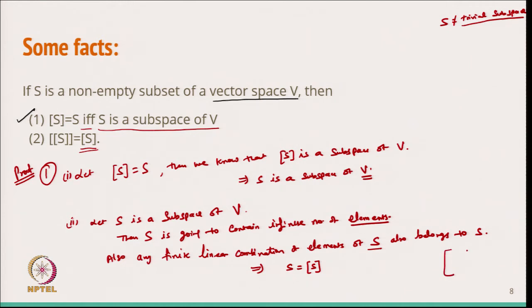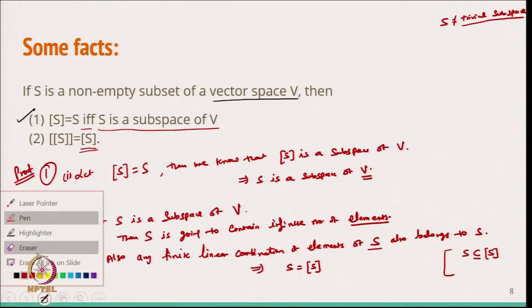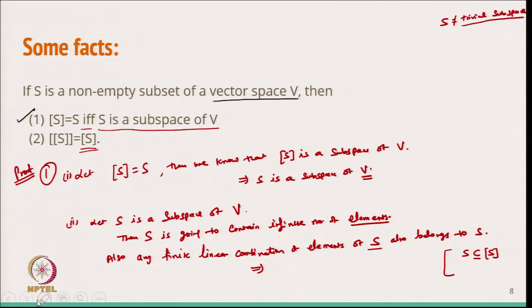I can show that we already know that S is a subset of the span of S. So, if I am taking any element of S, I know that it belongs to this one.